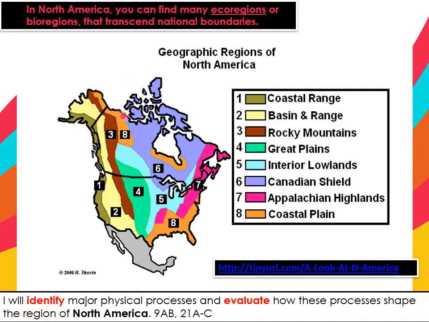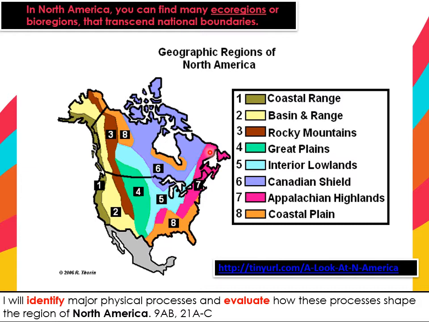And you have the Canadian Shield, which goes up into Canada. That really is kind of where the border is, the Canadian Shield. Appalachian Highlands are along the Appalachian Mountains, going from somewhere around Alabama all the way through into Maine in the northeast side of the United States.